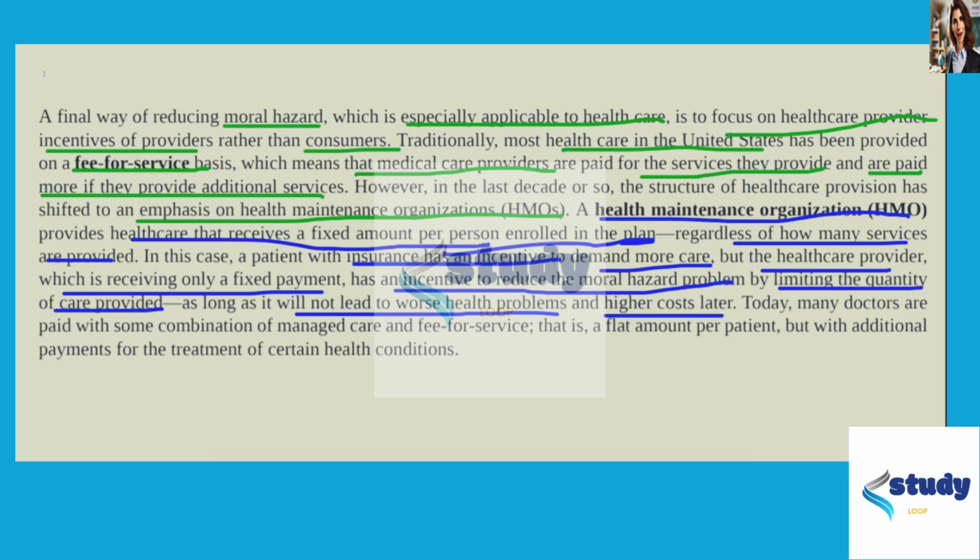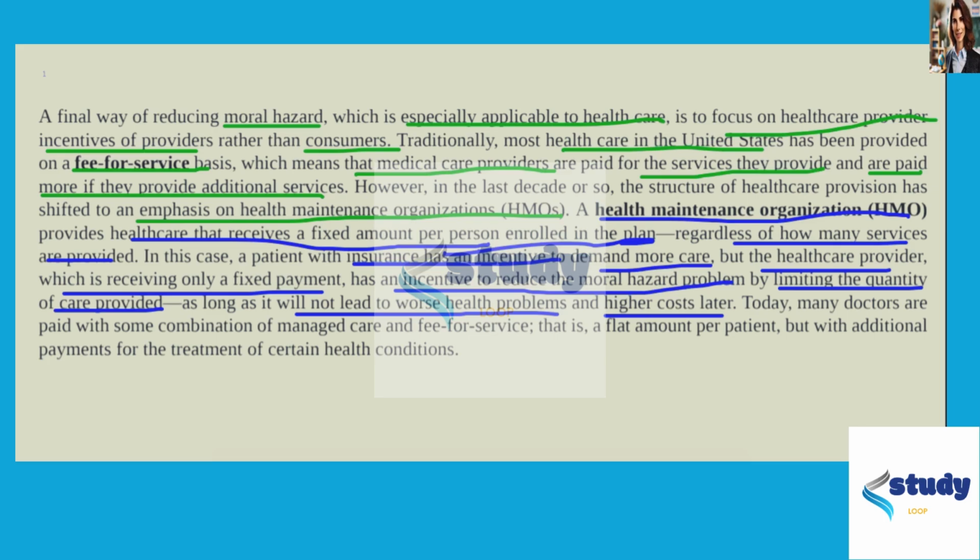So basically, how we would define an HMO is that it's an organization that provides healthcare and is paid a fixed amount per person enrolled in the plan, regardless of how many services are provided.